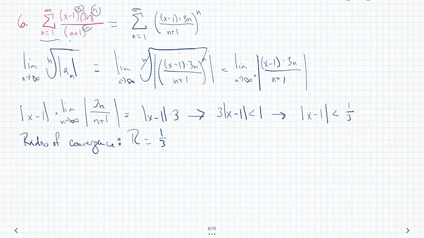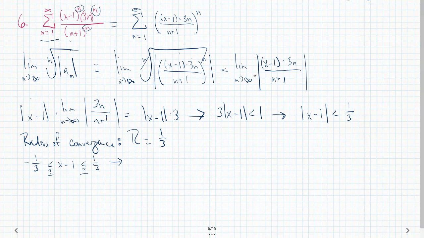So now, if we're looking for the interval of convergence, that means negative 1/3 is less than x minus 1, I can drop the absolute value symbol, and that's less than 1/3, with the possibility of being equal. And so I'll put the question marks down below, and we'll see what happens.